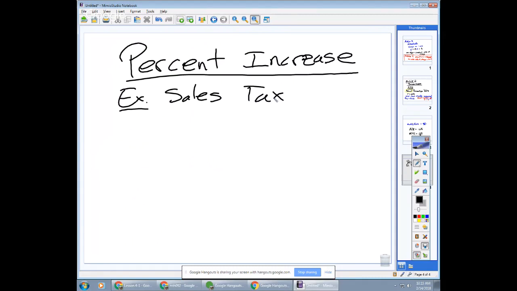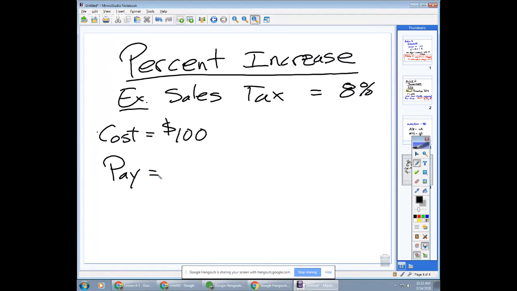Let's say the sales tax in a particular state is 8%. So you buy something for $100. That's the cost of the item. Figure out what you're going to have to pay, with or without a calculator.